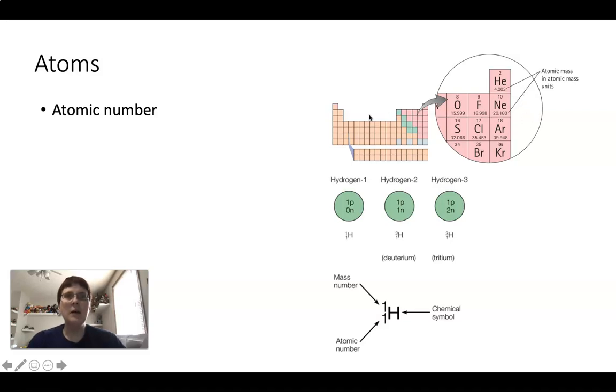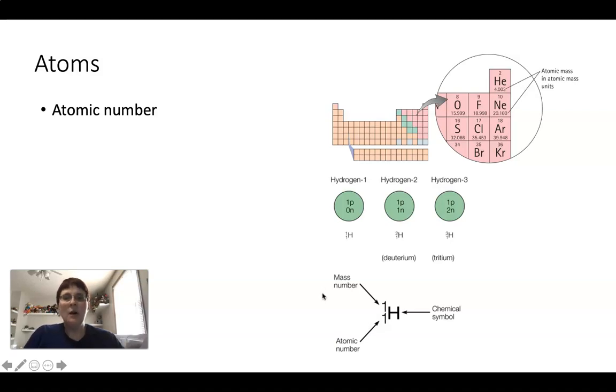So the atomic number is going to be the whole number that usually sits above the symbol for the element. Or down here you can see that this has two numbers. If it's written this way, the atomic number is going to be the bottom number. It will also generally be the smaller number that's listed if you see it written this way.